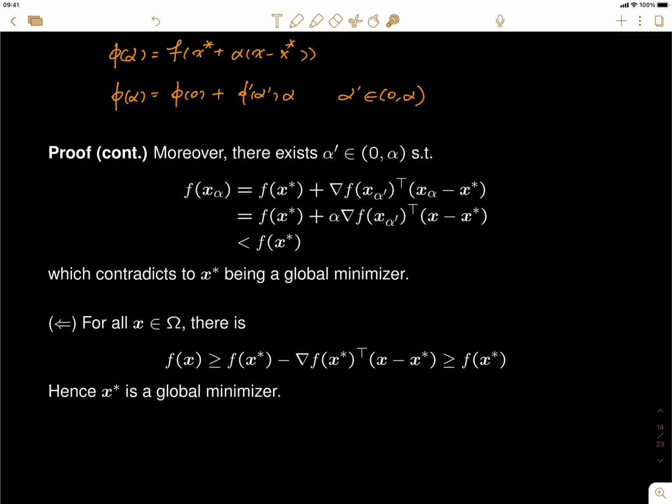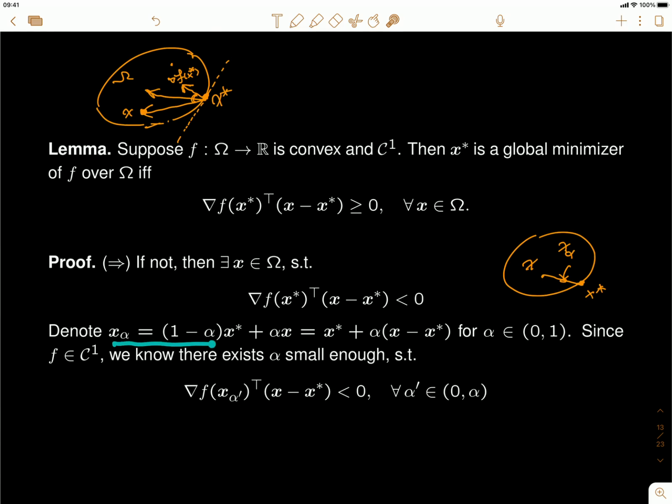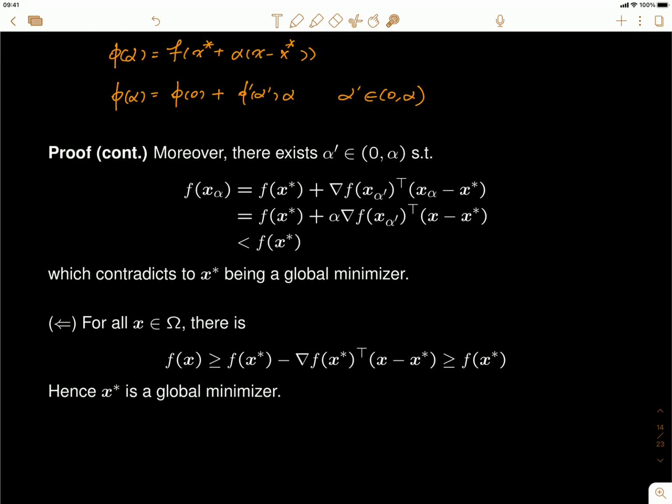Now x alpha minus x star, the x alpha was set to be this. I put x star on the left, so now I only have this left, which can be shown to be equal to alpha times this.